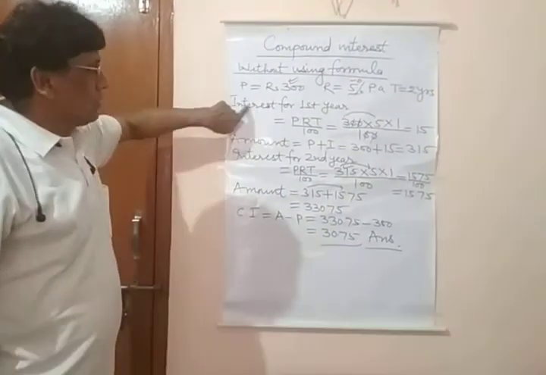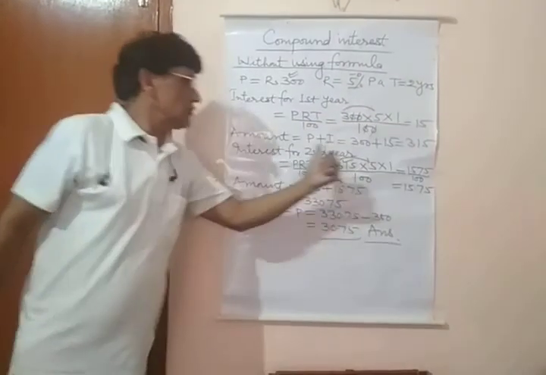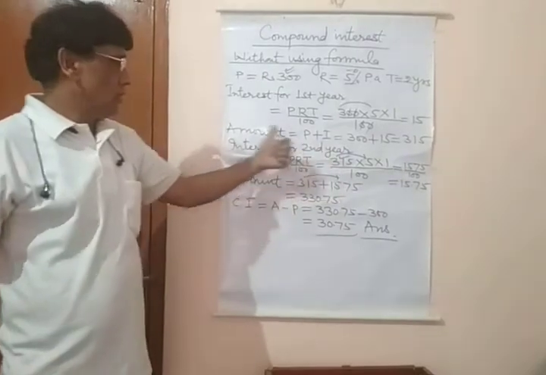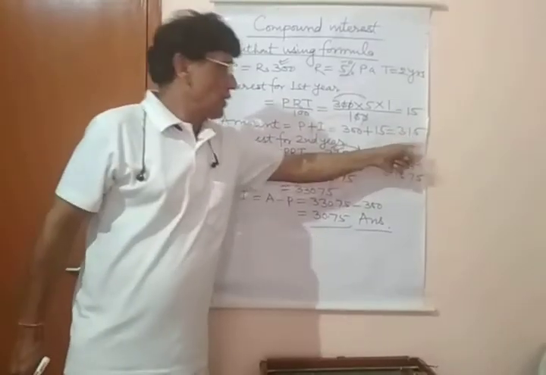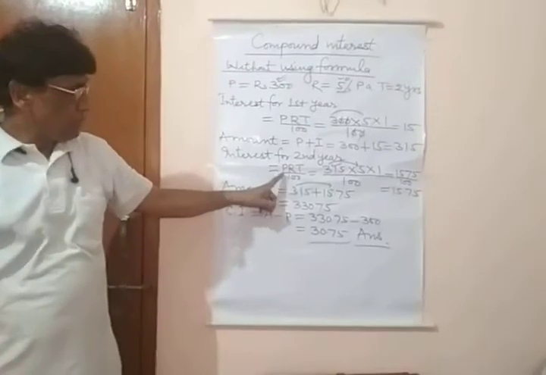First of all, you got interest for first year, and then you added that interest to principal. You got amount for first year. That amount for first year will become principal for second year.